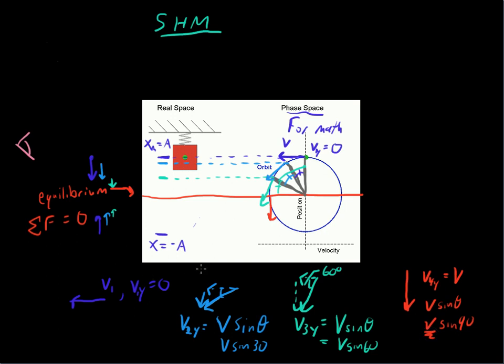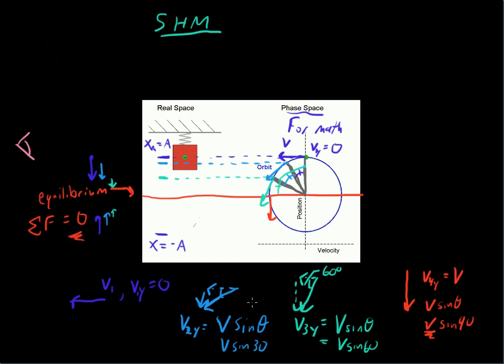Okay, so we're going from 0 to v, 0 to the maximum speed of the particle, or the full speed of the particle, and we hit that full speed right here, right at the equilibrium. So once we get to the point where the amplitude is 0, so we're at 0 amplitude, we have a maximum speed. That's also where our acceleration is 0.